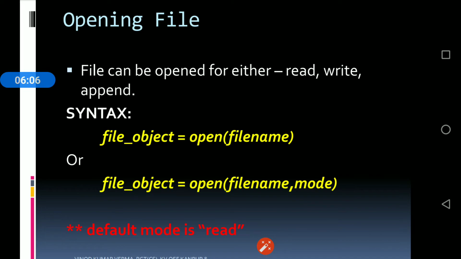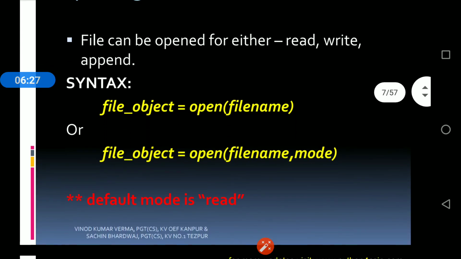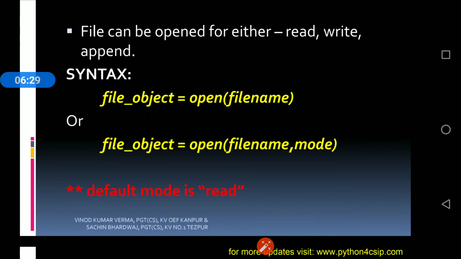There are some methods. Now, first method is using an open method. An open method is already defined in Python. So, whenever you want to open a file, write the file object name. You can see the syntax. File object equals to open, and inside the parenthesis of the method we have file name. You have to write the file name which you want to open for reading and writing.